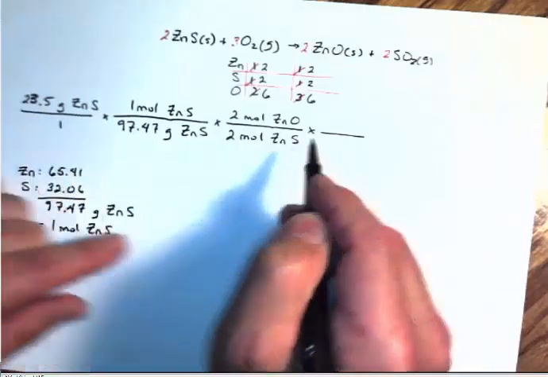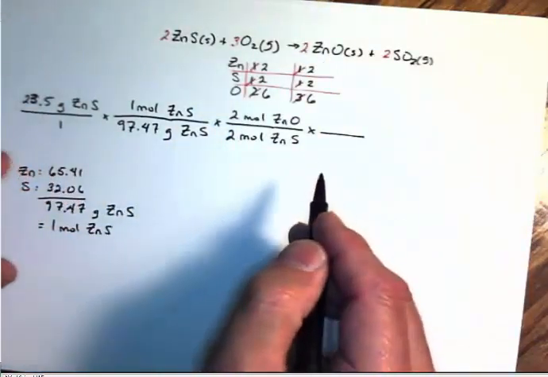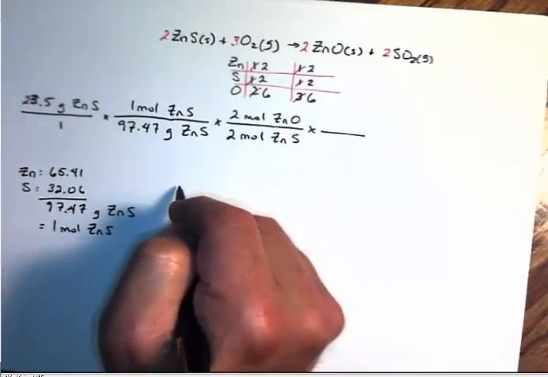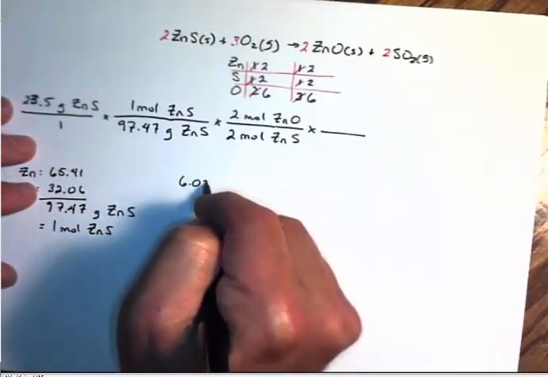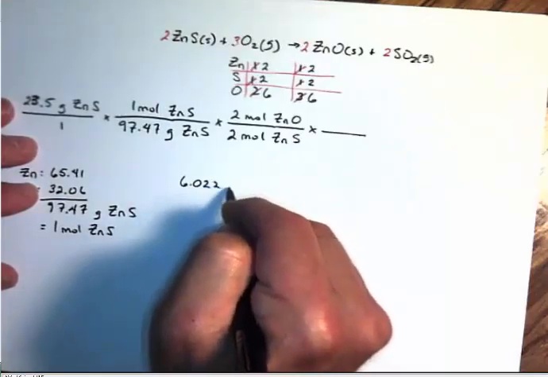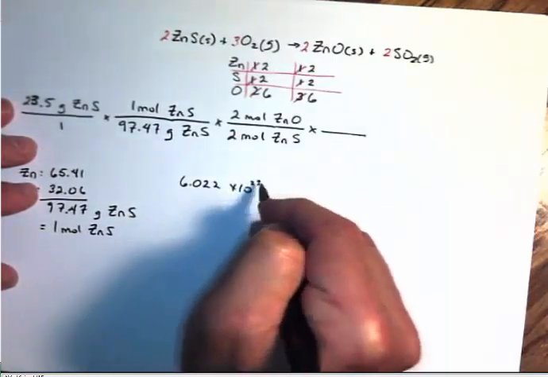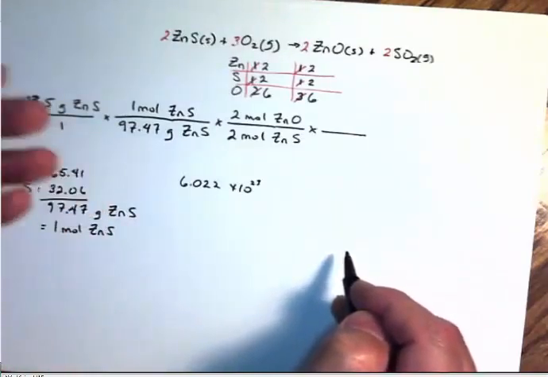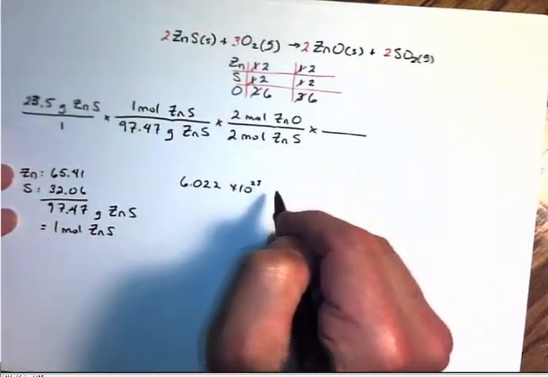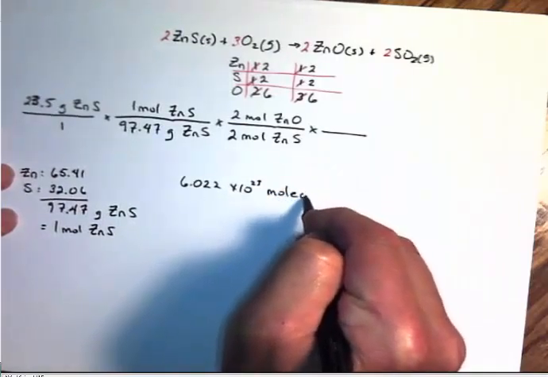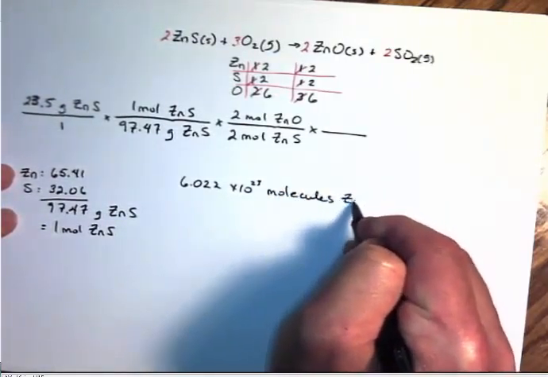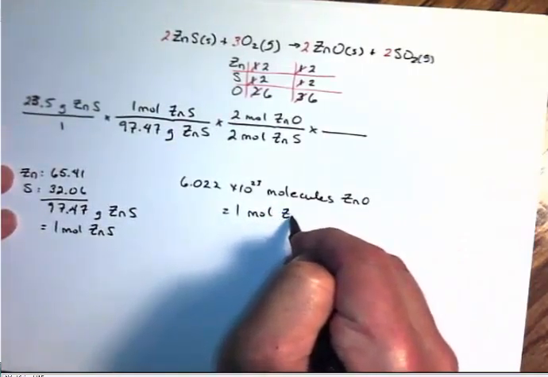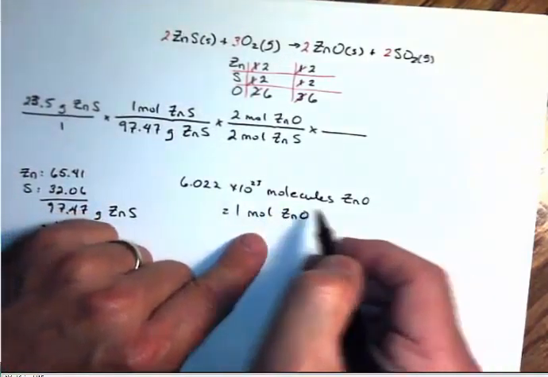So in order to get the particles, or molecules are particles, I need the ratio that comes from Avogadro's number, 6.022 times 10 to the 23rd particles of anything equals a mole of that thing. Well, since molecules are particles, I can write that as molecules.